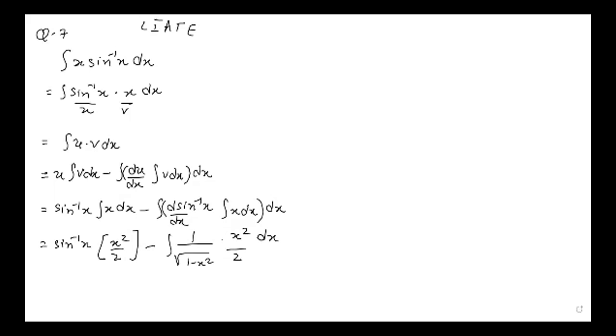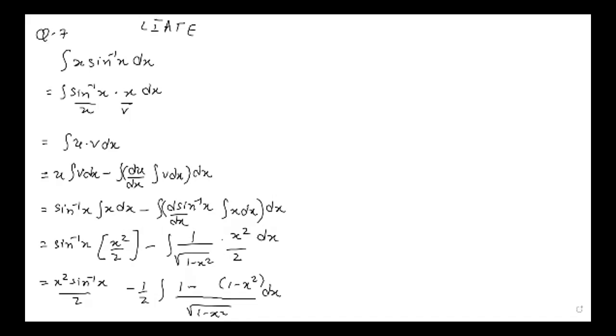So x square sin inverse x by 2 minus 1 by 2 integration x square, which I will write as 1 minus (1 minus x square), upon root 1 minus x square dx.